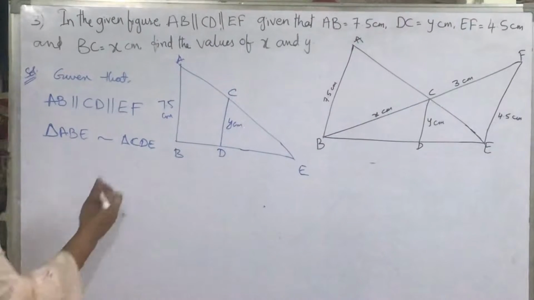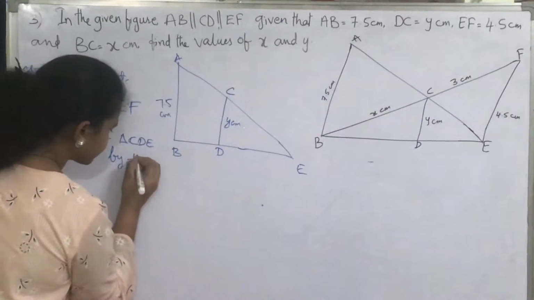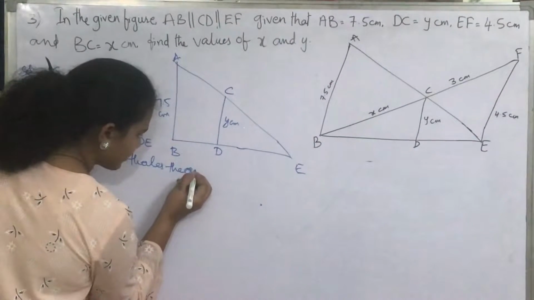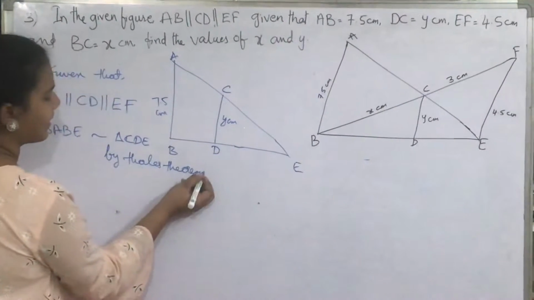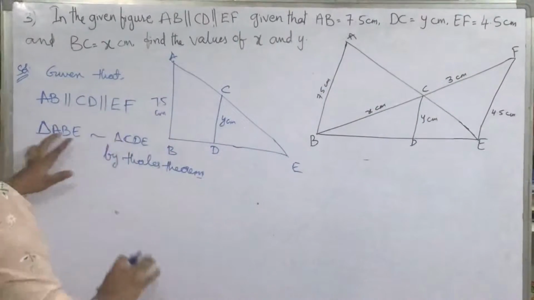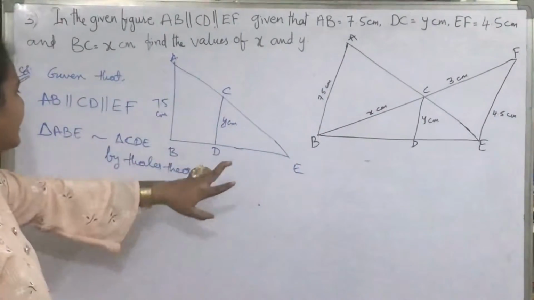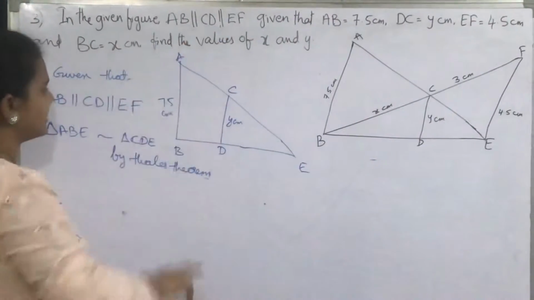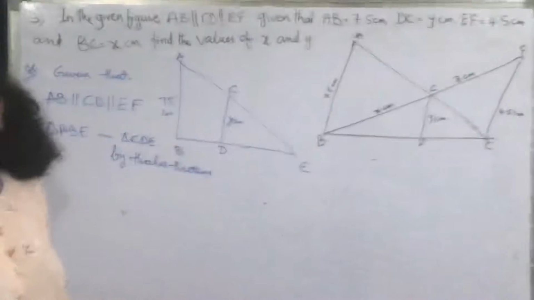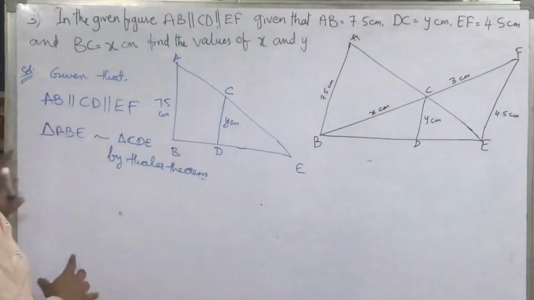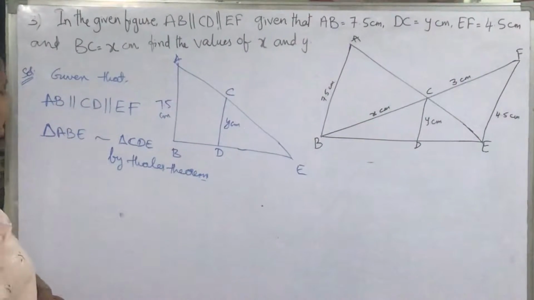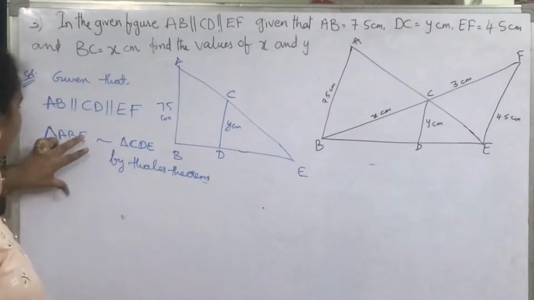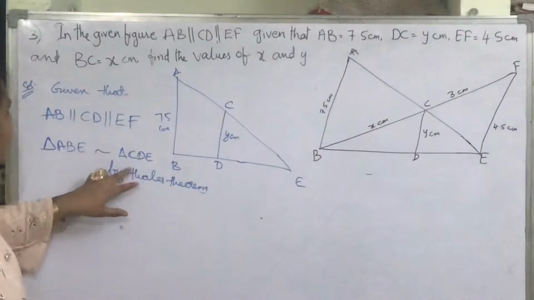By Thales theorem, I can say that triangle ABE is similar to triangle CDE, because in the given question CD is parallel to AB, right? So thus I can say that triangle ABE is similar to triangle CDE. Now here, I have proved that triangle ABE is similar to triangle CDE.